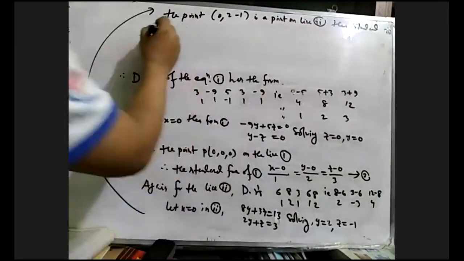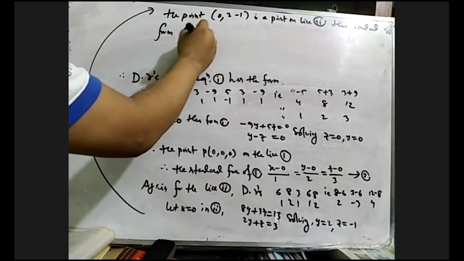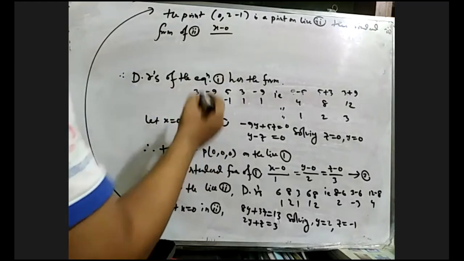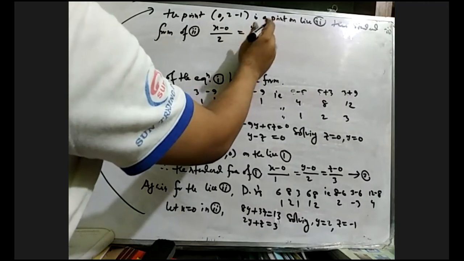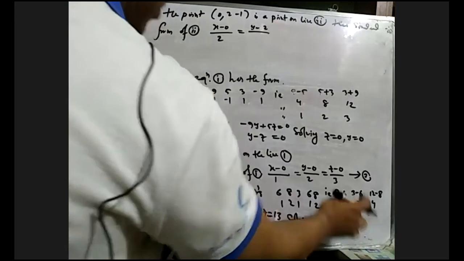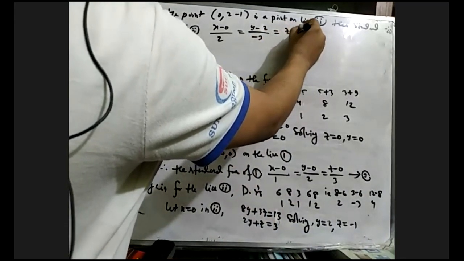Then the standard form of 2 will be (x - 0)/2 = (y - 2)/(-3) = (z + 1)/4.